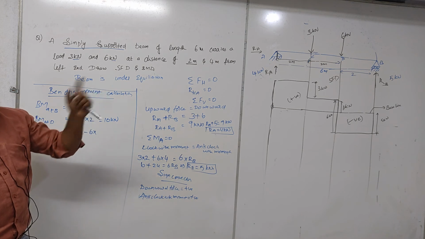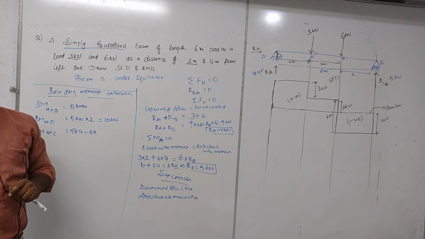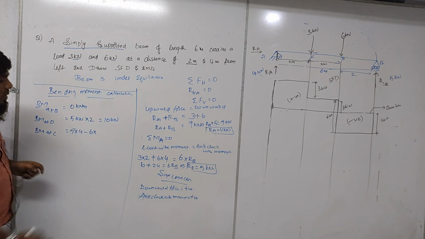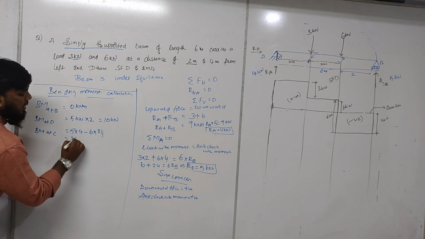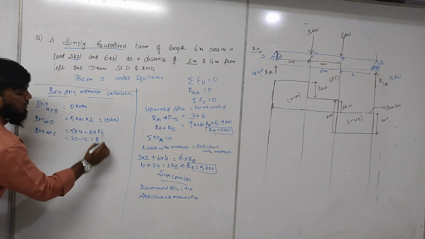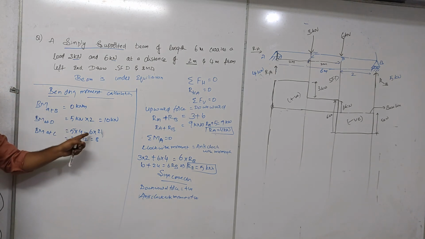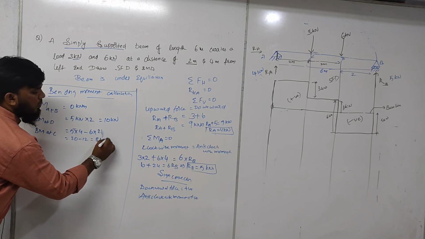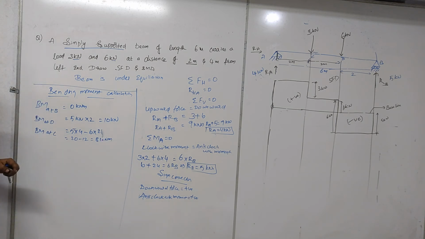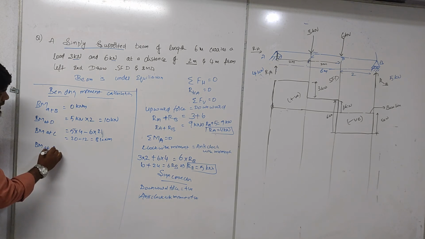We have clearly mentioned that C point to D point distance is 2 meters. So the value is 20 minus 12, that is equal to 8. 5 4s are 20, 6 2s are 12. So 8 kilonewton meter.